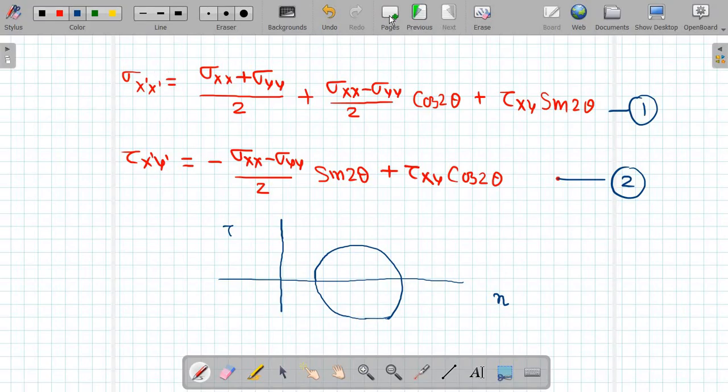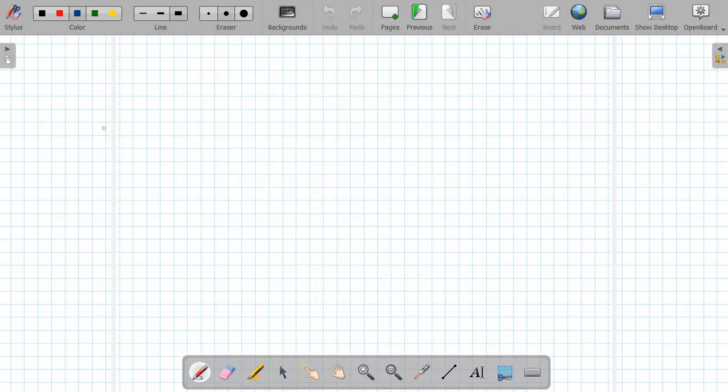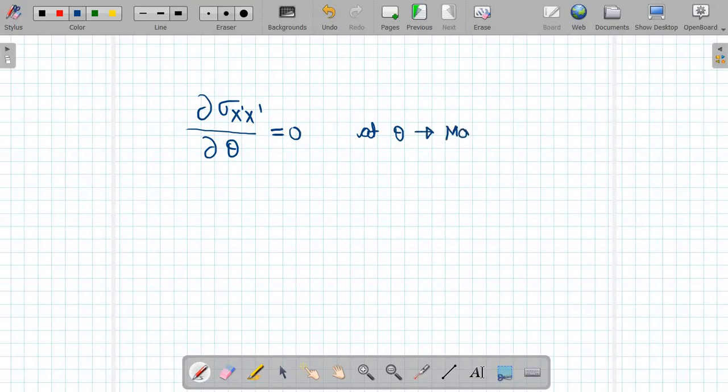To get the maximum value, what do we have to do? We have to differentiate it with respect to theta, and if you make it 0, then you will find that at a particular theta it will have either the maximum value or the minimum value.